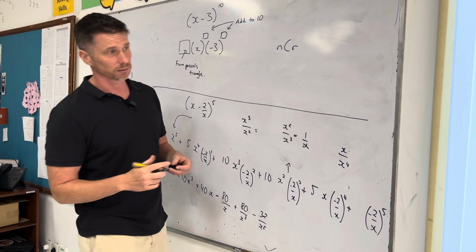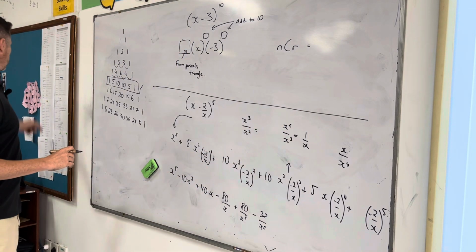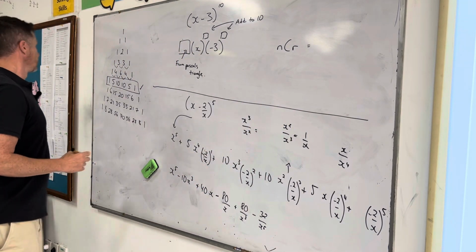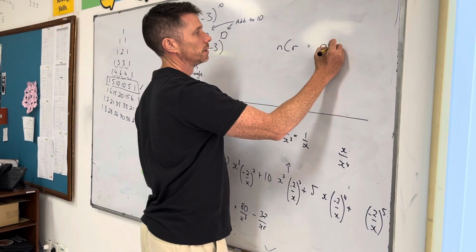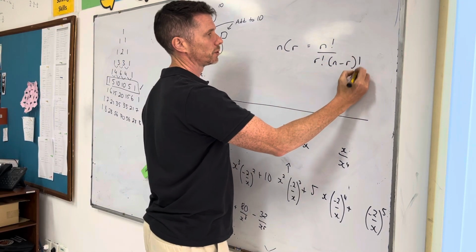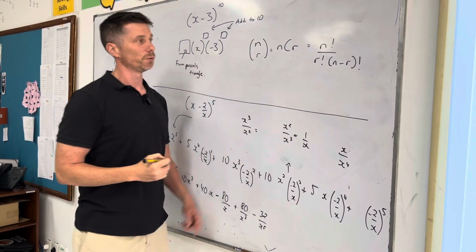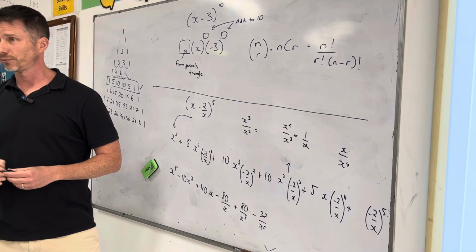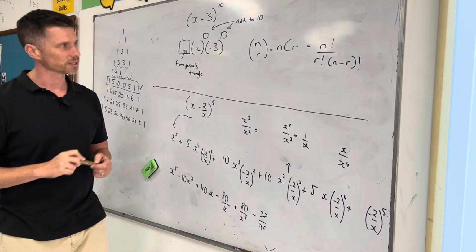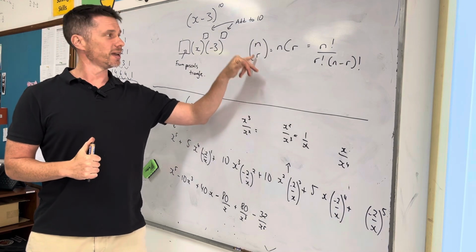It has a formula in your formula booklet, which is the one I wrote up earlier: n factorial over r factorial times n minus r factorial. That's n over r. There's also a button on your calculator that will do it for you. Yes, exactly. The r is the place, n is the power.